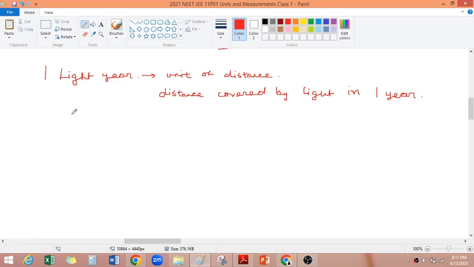So that means when I am measuring a table, I will use meter. When I am measuring a pen, like a pen cap, and I want to measure this diameter, then I'll be measuring it in millimeter or centimeter.